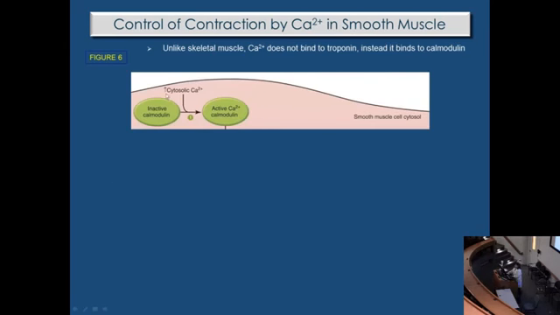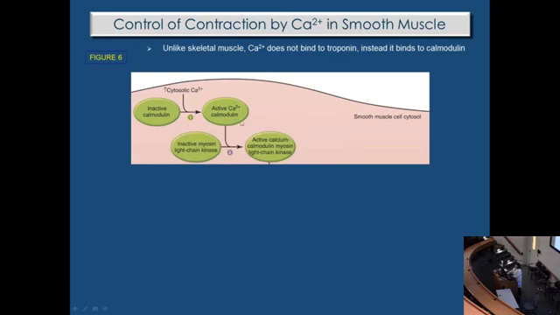So here, once cytoplasmic calcium rises in the cytosol, it will bind to calmodulin, and then calmodulin will activate the myosin light chain kinase, as is illustrated here.